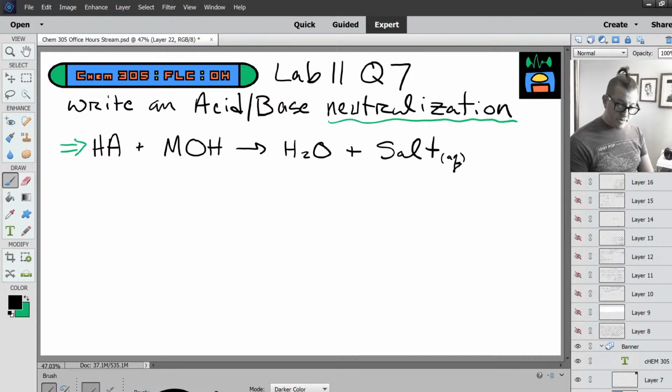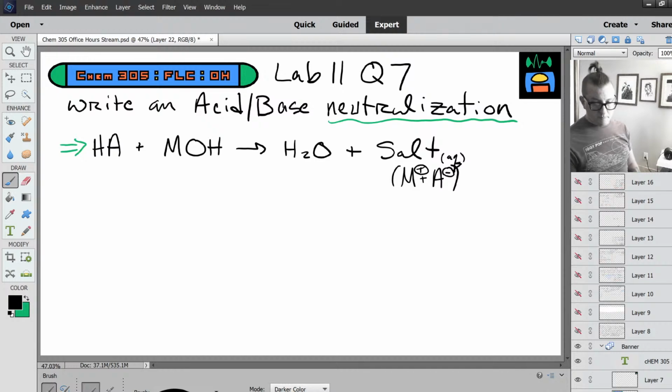And the salt will be made up of the metal cation plus A minus. And they tell us in this problem that the identity of A minus needs to be bicarbonate.